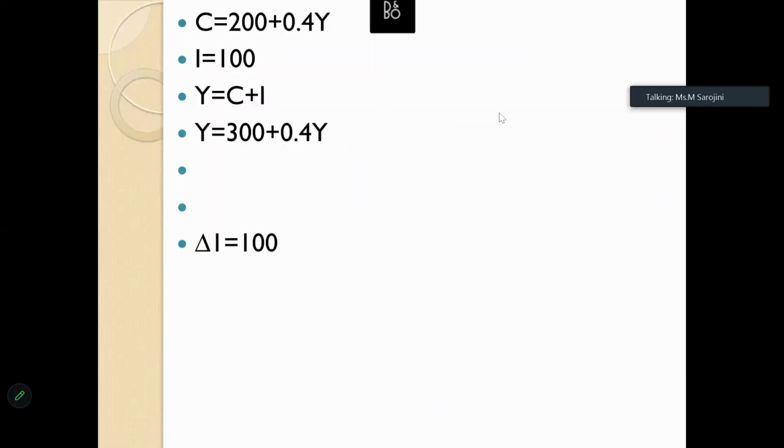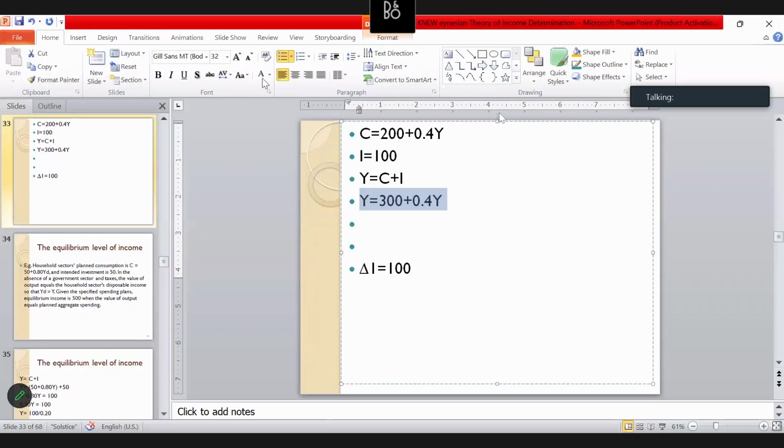That means C is equal to 200 plus 0.4Y and I is equal to 100.